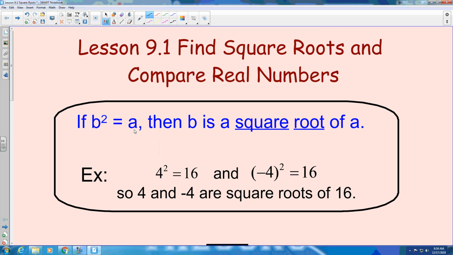All right, we're in section 9.1 where we're going to find square roots and compare real numbers.